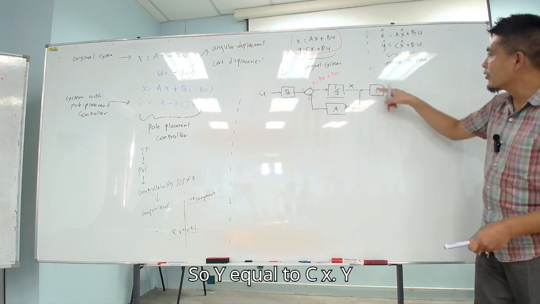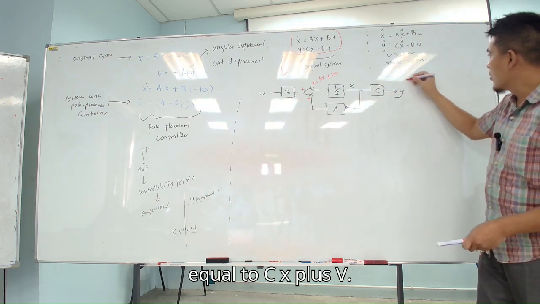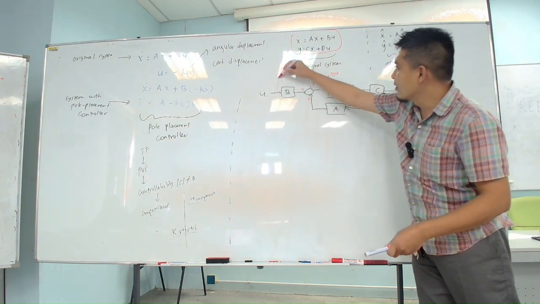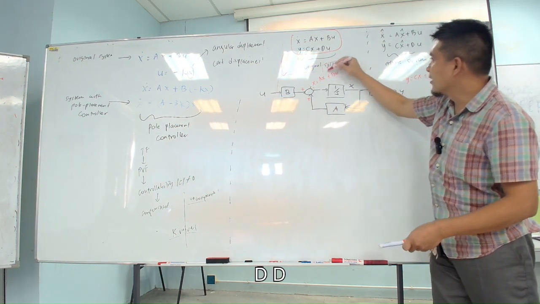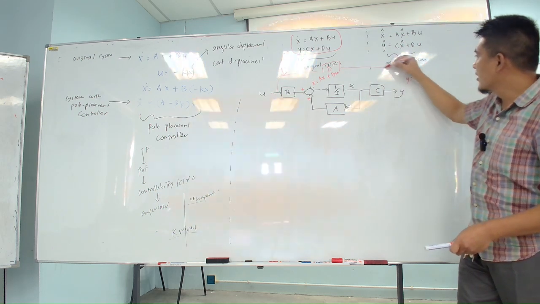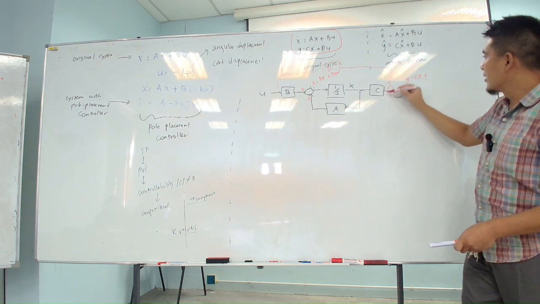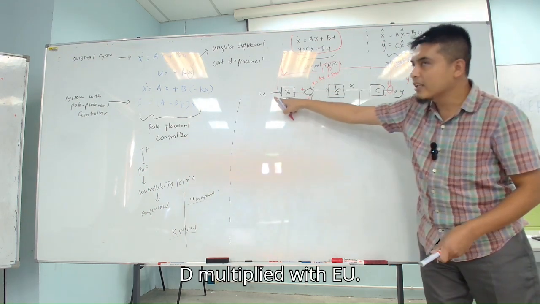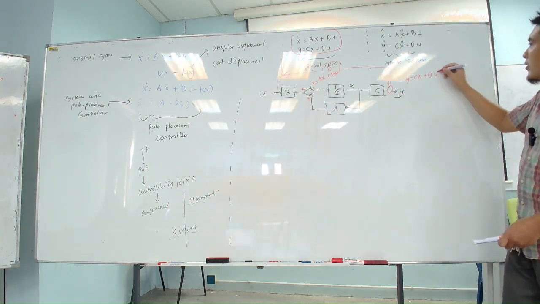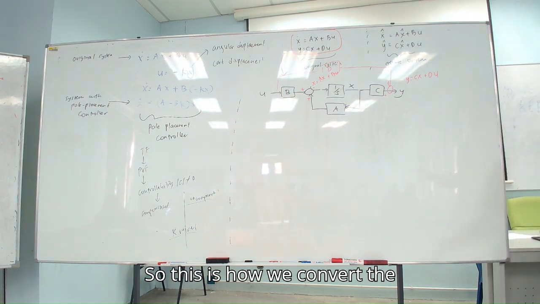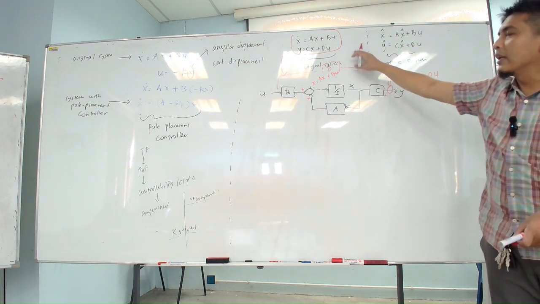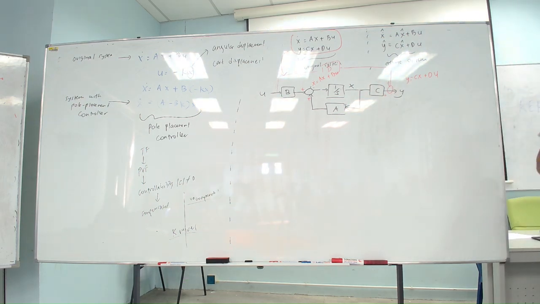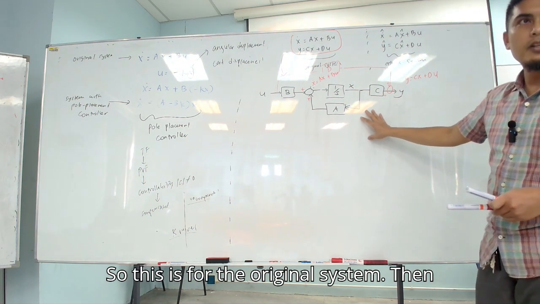So the Y equals CX, plus D multiplied with the U. Okay. So this is how we convert the system to the block diagram. So this is for the original system.